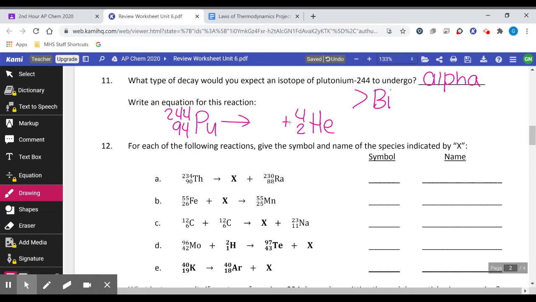And so what does that mean for my mass number for our daughter nuclide? What must it be? 240. And its atomic number must be 92. And so what element does that correspond with? Uranium. Very good. So that's my balanced reaction for that.